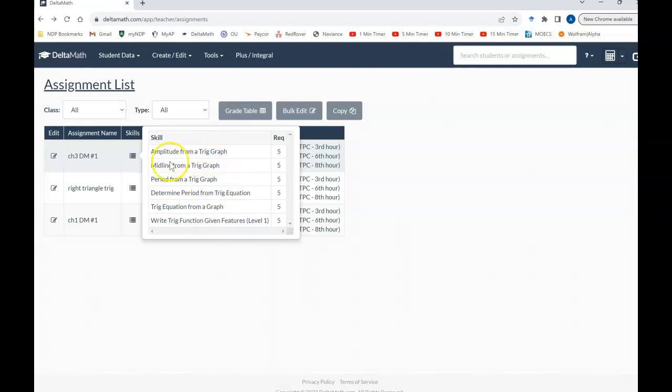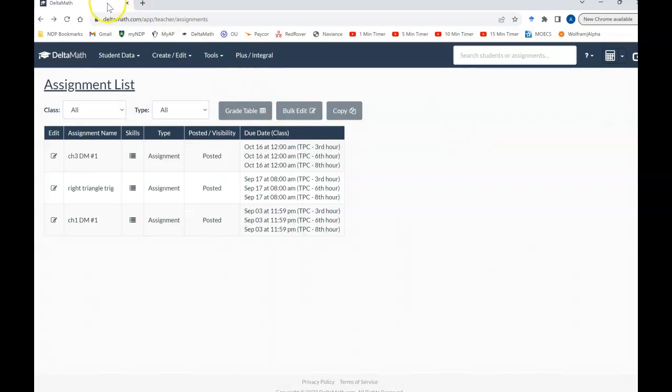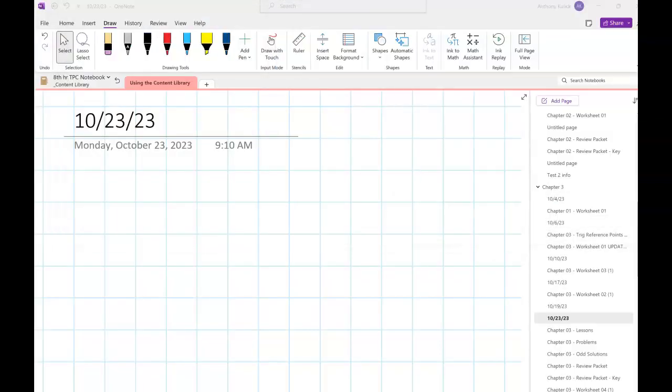Like amplitude from a graph, midline from a graph, period from a graph, period from an equation, trig equation from a graph, write the trig function given features, all things that we've been practicing here for about a week and a half or so. So this should be something that's pretty familiar. And those are all, I think, relatively quick skills until you get to the very, very end there.